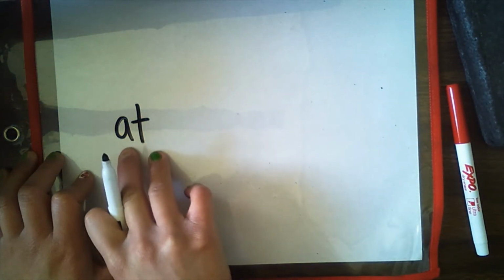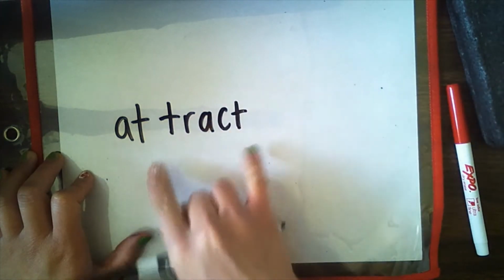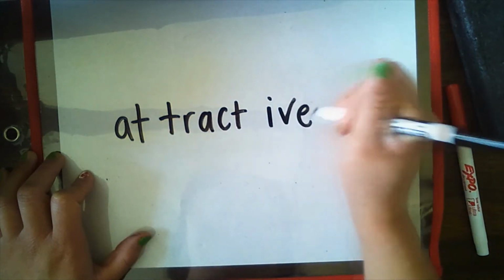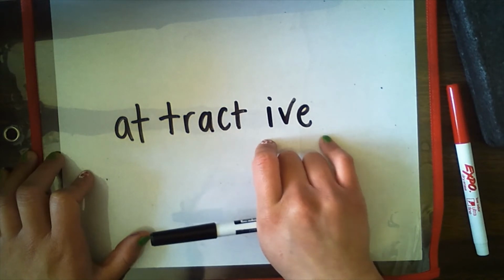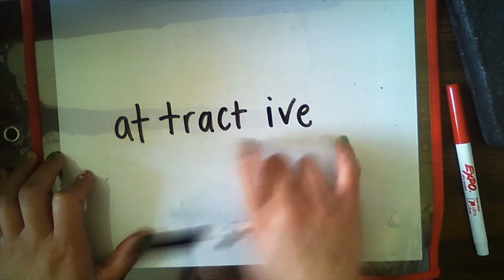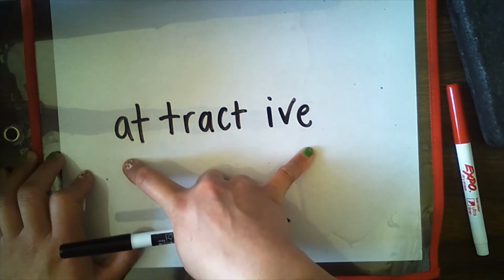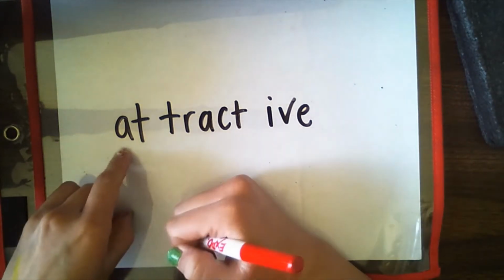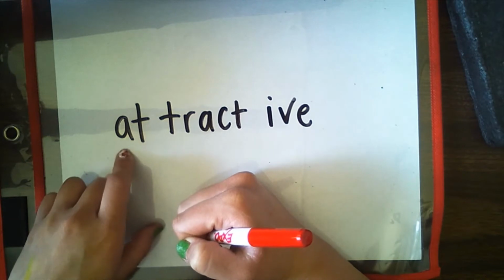Read, at. Read, tract. Read. Remember, we just practiced this irregular sight syllable. Iv. Great job. Try for the real word. Attractive. My friends, you'll notice that the A here changed its sound.